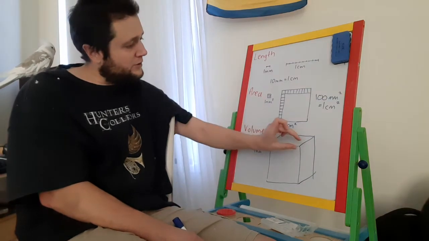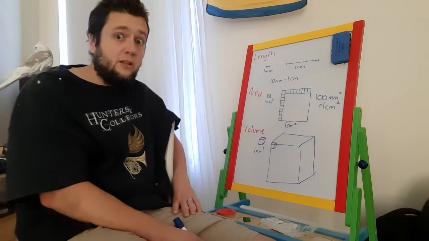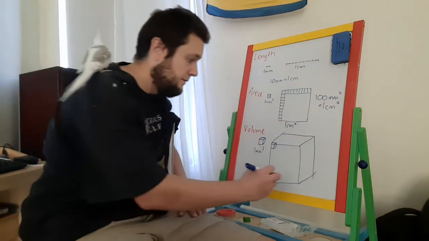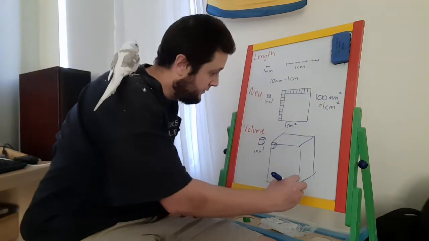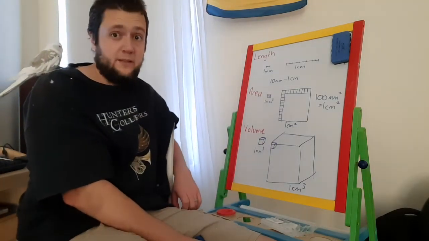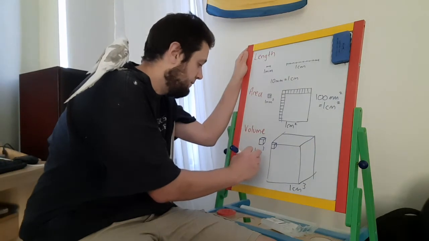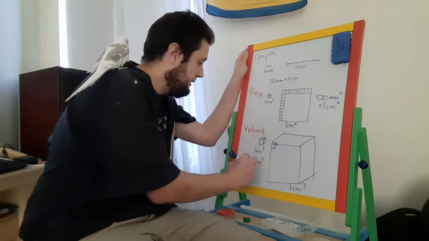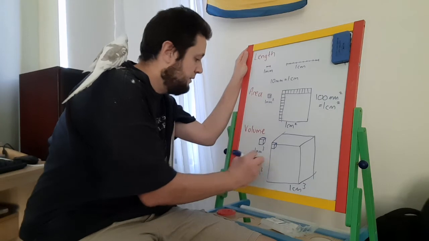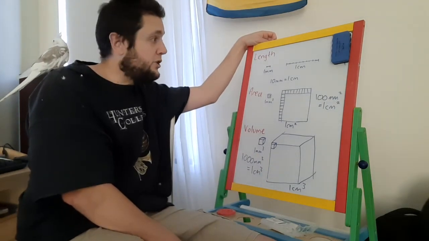It's going to be 10 along that way, 10 down that way, 10 back. There's a lot of little blocks going in there. Essentially, you end up with 1,000 millimeters cubed is 1 centimeter cubed.